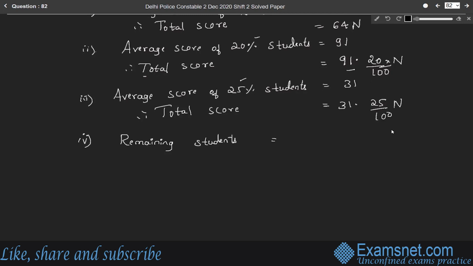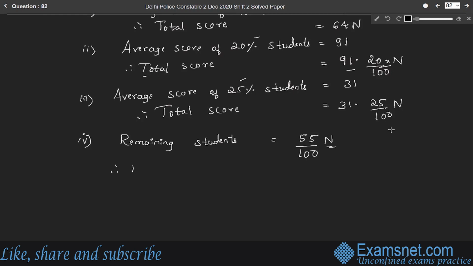Yes, 55%. That's nothing but 55% of n students, right? So out of 100, 55 students. Therefore, out of n, the number of remaining students becomes 55 by 100 into n, right?